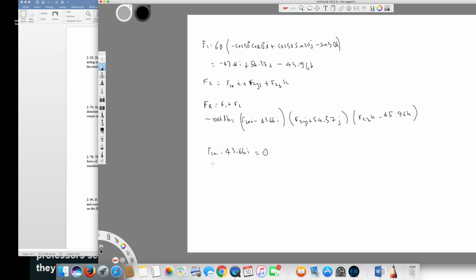This is equal to 0, and f2y minus 54.37 is equal to 0, and then f2z minus 45.96 is going to be equal to minus 100k lb.